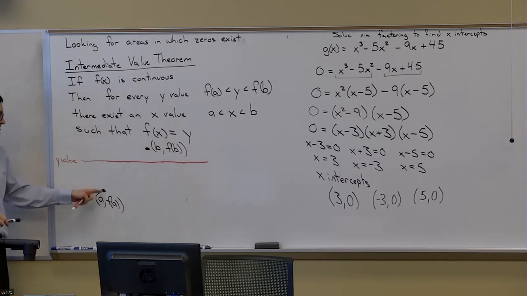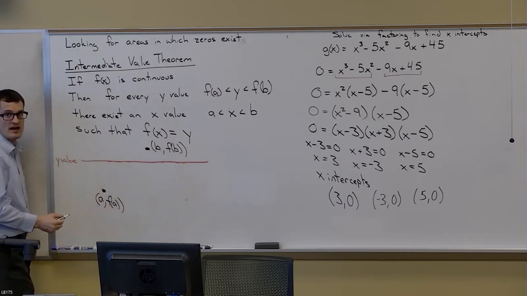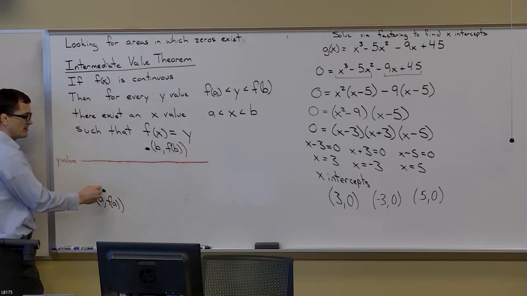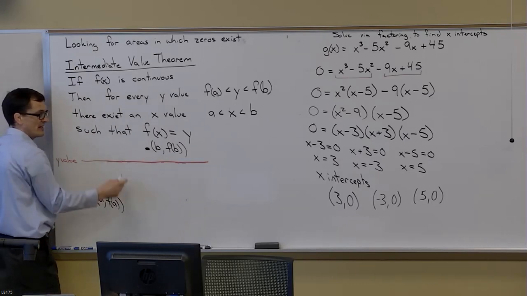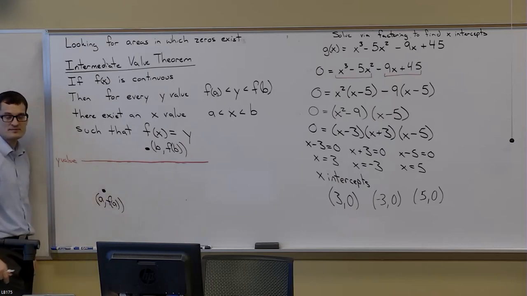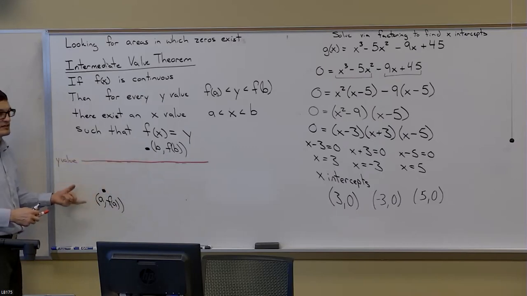If your function is continuous between A and B, that means my function has to cross the line at some point between A and B. Can you follow that? So if I draw a horizontal line and then I draw the function, if it's continuous, it's got to cross the line.